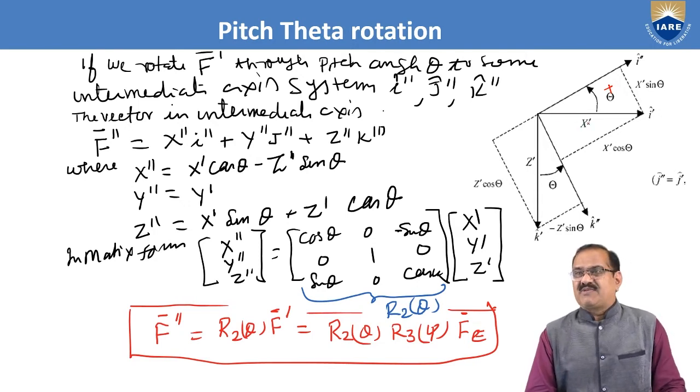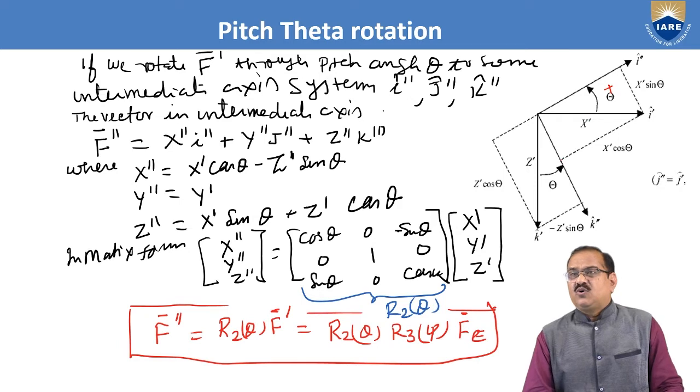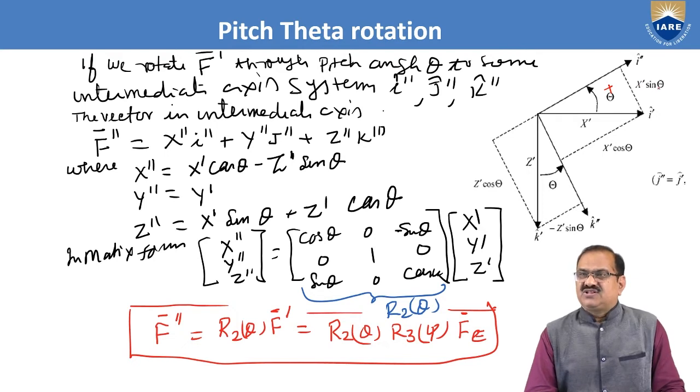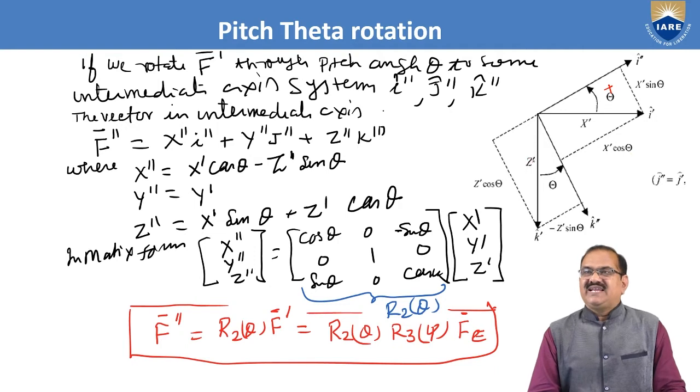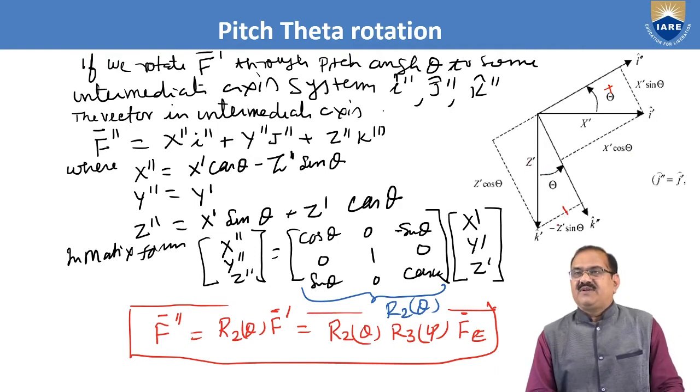Now you can see this force here. Here is X prime. So this component will be X prime sine theta, and this will be X prime cos theta. And here it is Z prime. So this component will be minus Z prime sine theta, and this will be plus Z prime cos theta.